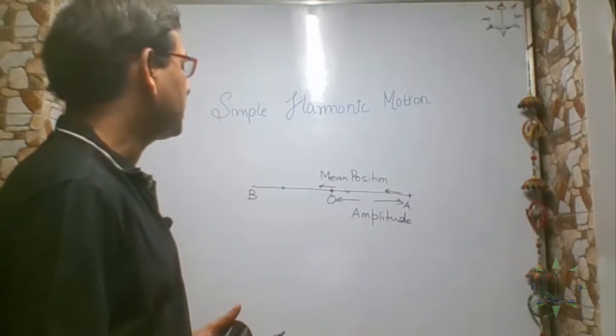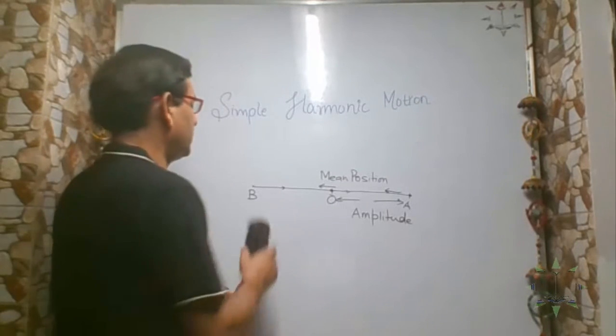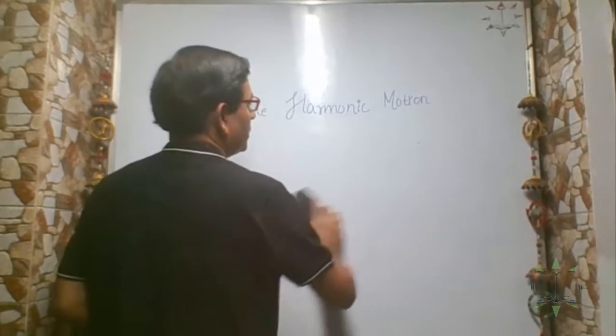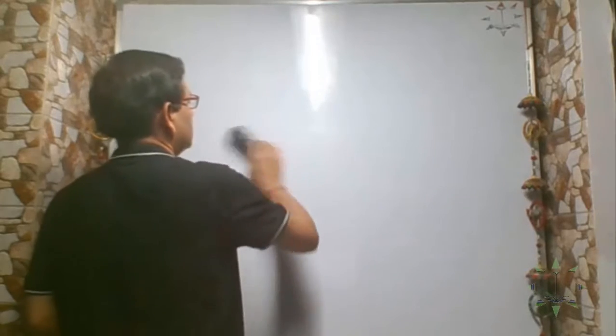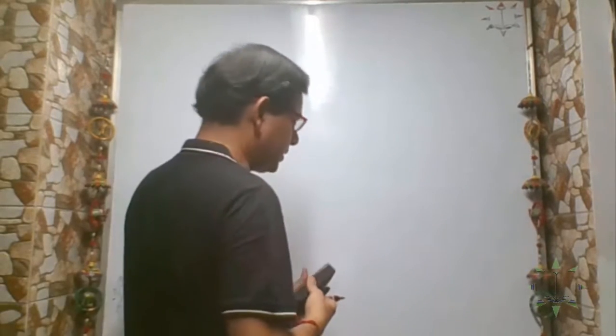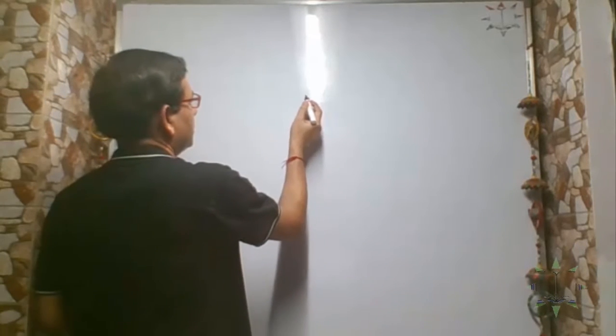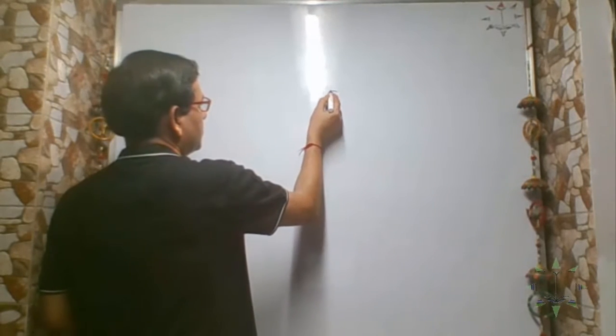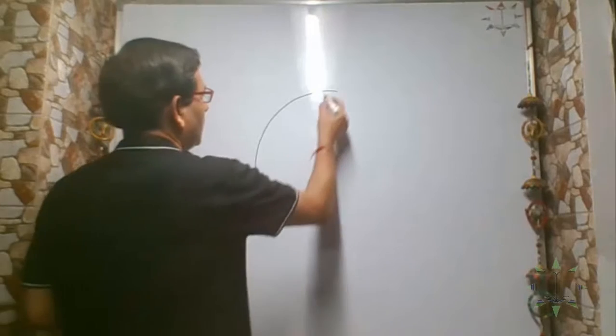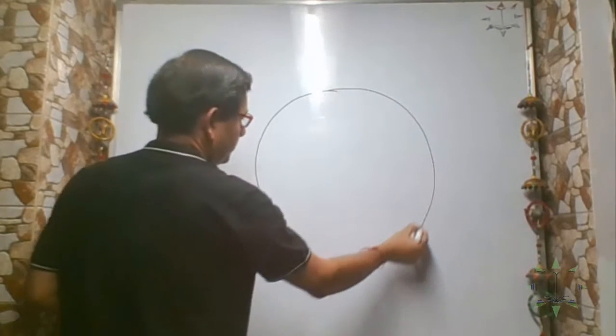Now, how can we mathematically represent a simple harmonic motion? This is a bit complex, but you can easily understand. This is the mathematical representation of simple harmonic motion. Suppose we draw a circle.